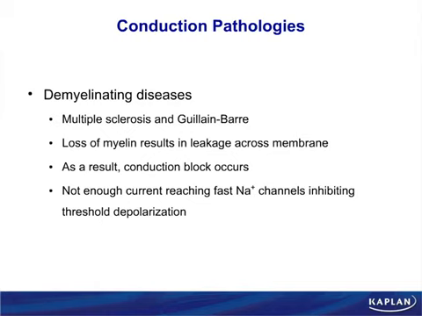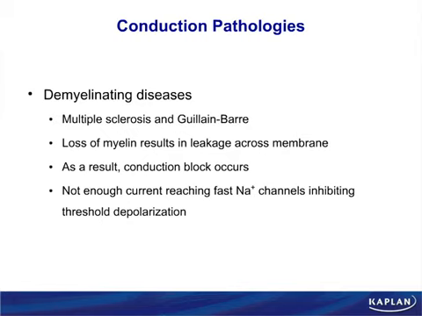The electrical current associated with the ions starts leaking across the membrane, which means I might not get enough current to my cluster of fast sodium channels. And if I don't get it there, I can't regenerate, therefore I can't propagate. So we get a conduction block because not enough current reaches those clusters of fast sodium channels. So if I can't regenerate it, then I can't propagate it.